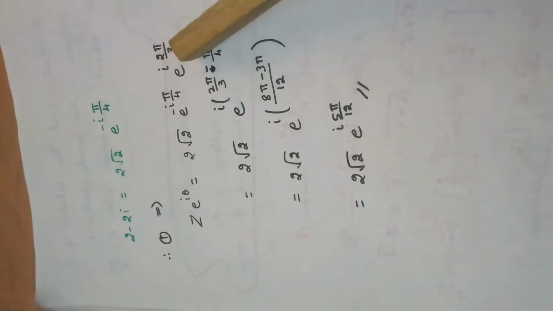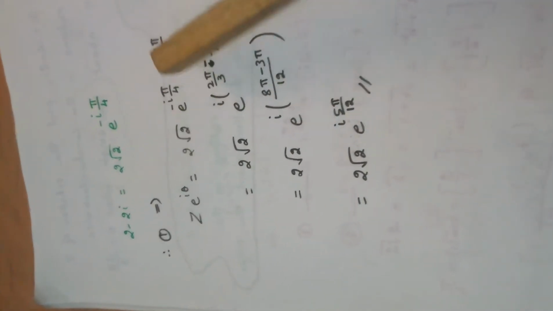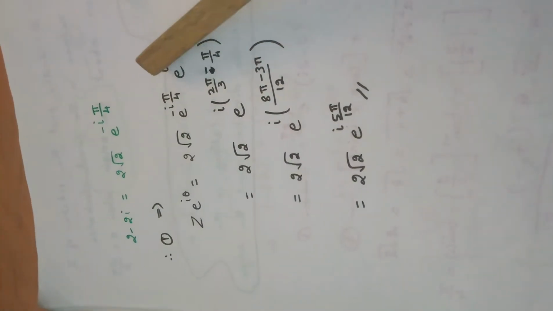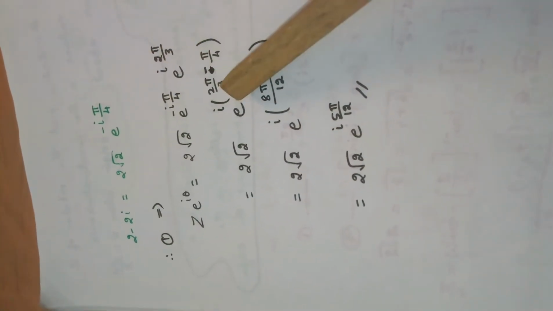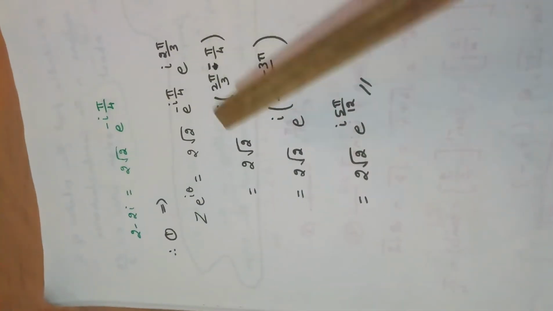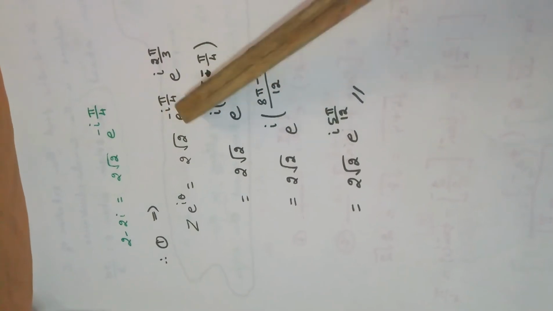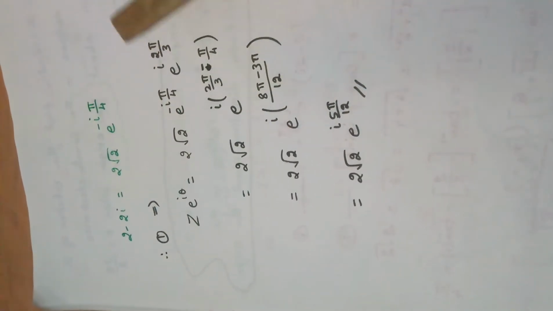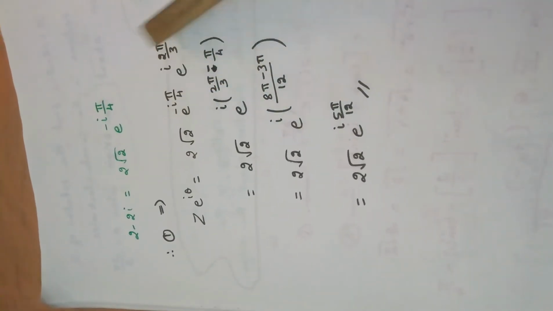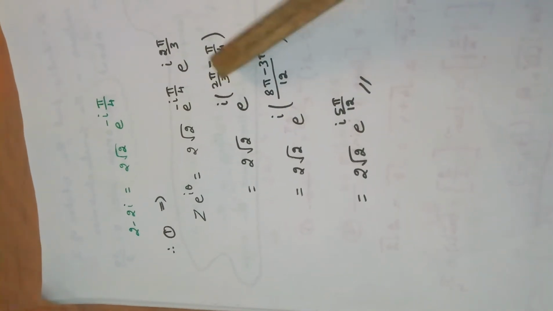E power, since bases are same, powers can be combined. So take i as common outside. The balance thing is, here is 2 pi by 3 positive, here it is minus pi by 4. I think this thing you will understand very nicely, because it is simplification only. E to the power of combining these two, not subtracting these two. Take i as common outside, write the remaining thing.